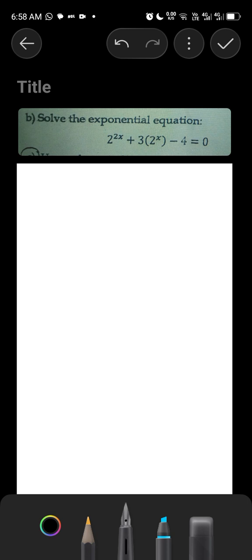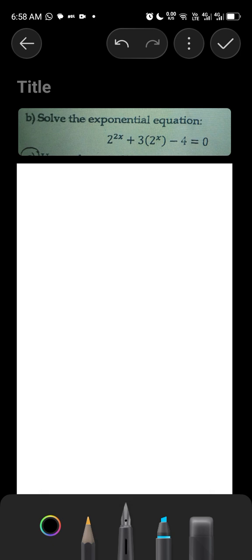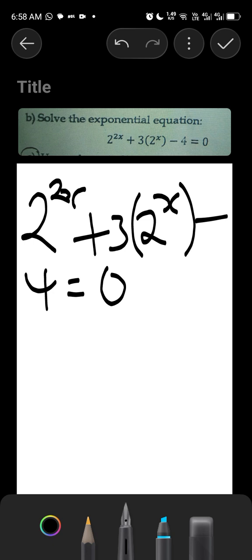How do we make it identical? Simply by doing this. We have 2 to the power 2x plus 2 to the power x minus 4 is equal to 0, right? So we can change this.